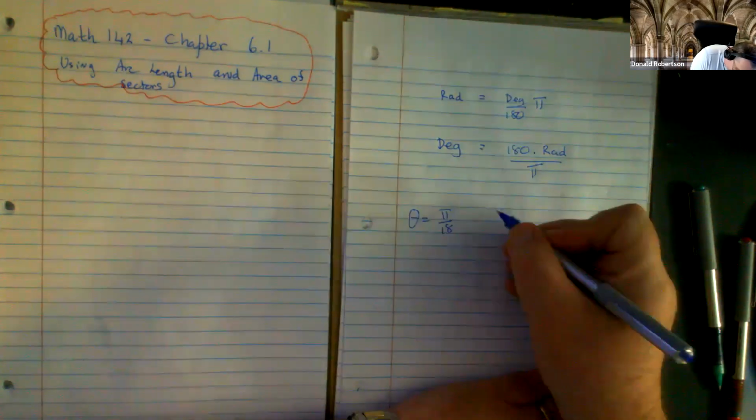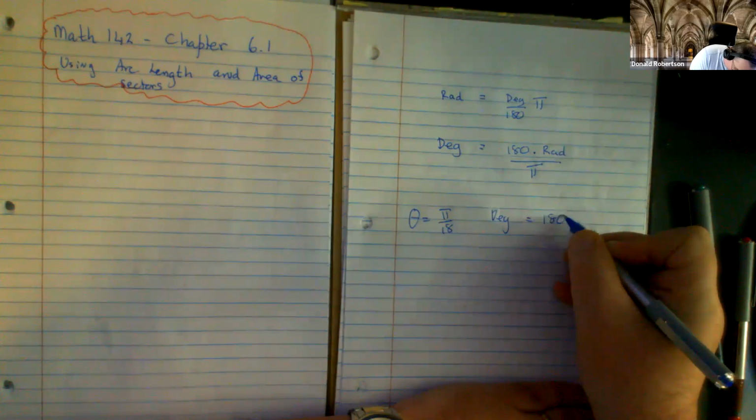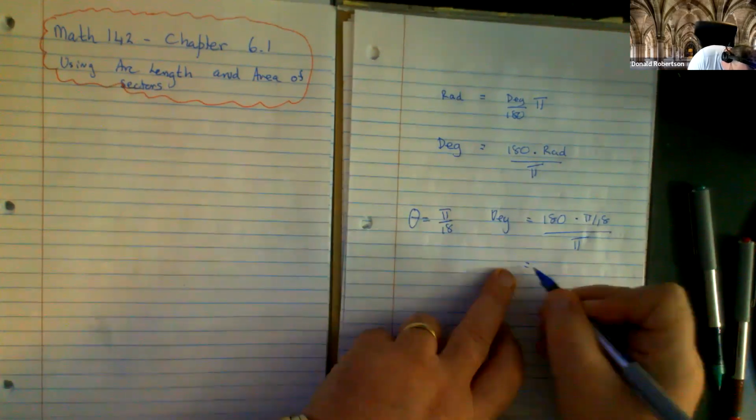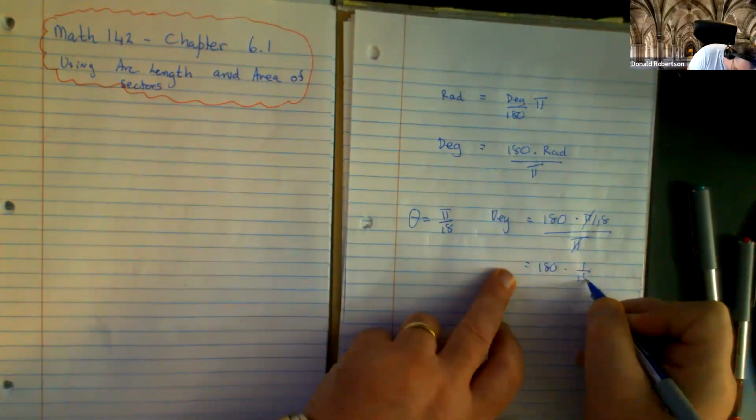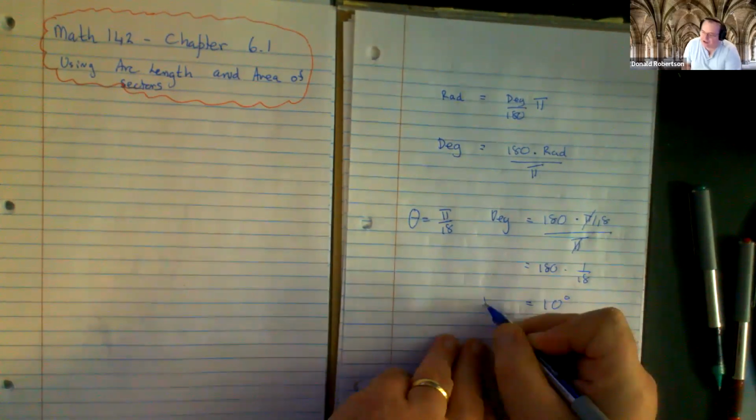Now, if you want to know what that is in degrees, it's 180 times pi over 18 divided by pi. These cancel out, and basically you've got 180 times an 18th, and the answer you get is 10 degrees.